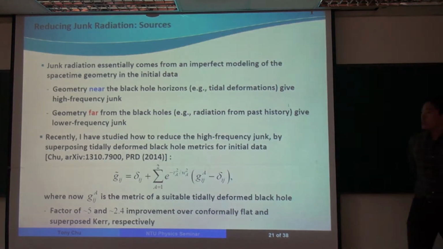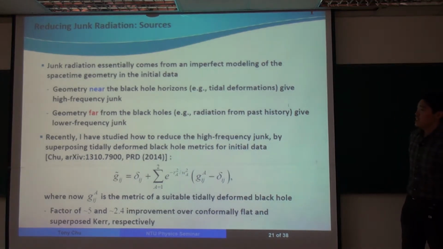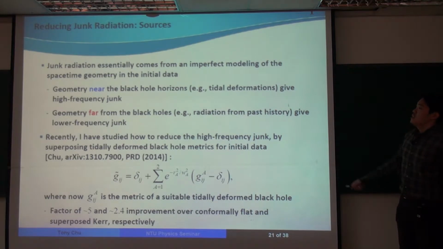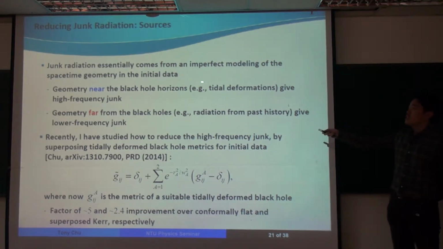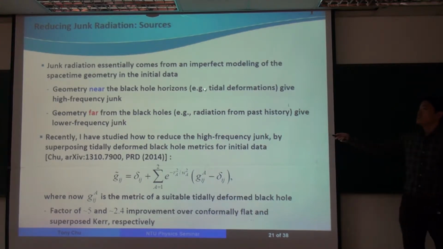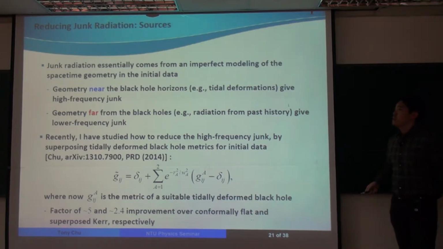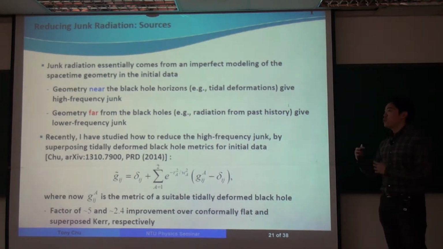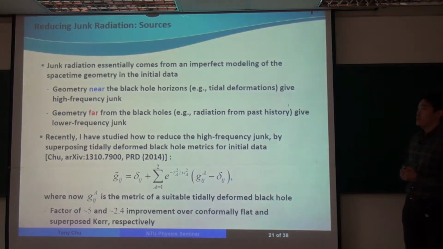To get rid of that, we first have to understand where that junk radiation comes from. It's essentially because we have an imperfect modeling of the space-time geometry when we solve for our initial data. And there are basically two regions that we need to worry about the geometry in our initial data.